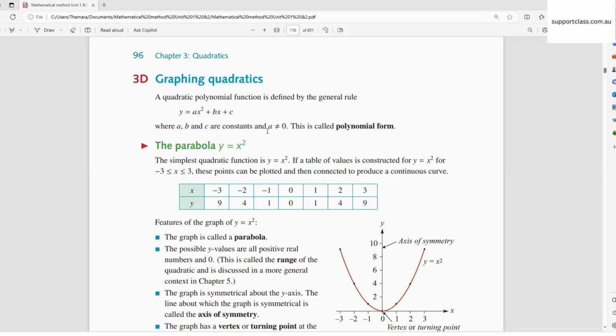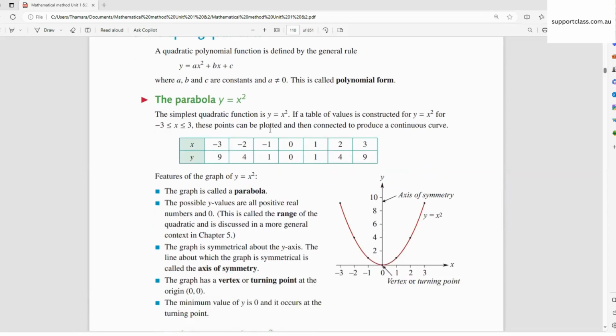Now, if we learn this polynomial form, what kind of graph can you get from it?